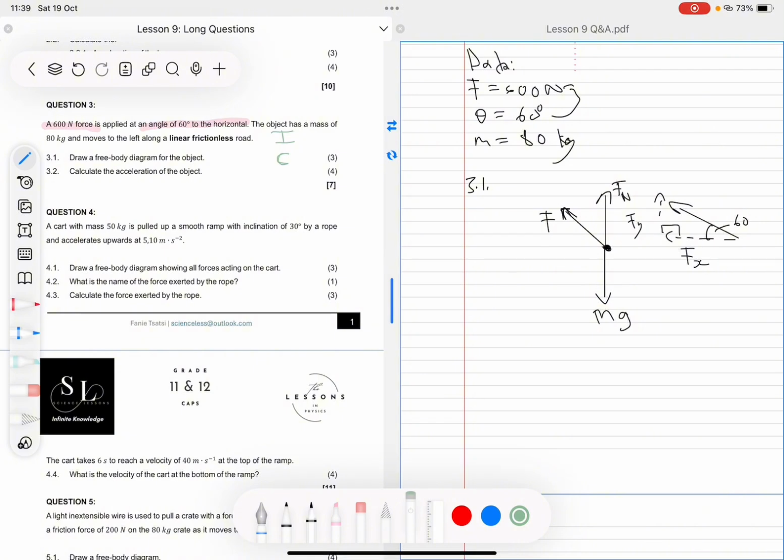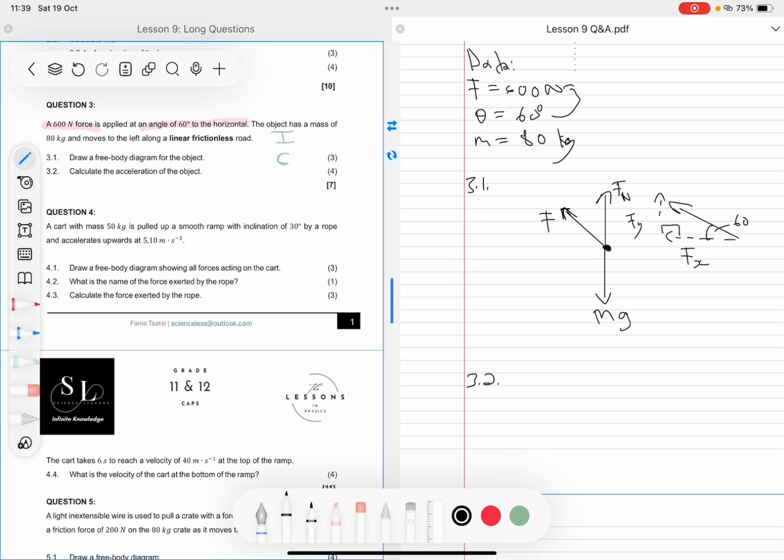Now I will jump into question 3.2, where they say calculate the acceleration of the box. Just to come back here quickly and write this here, the A stands for the answer.